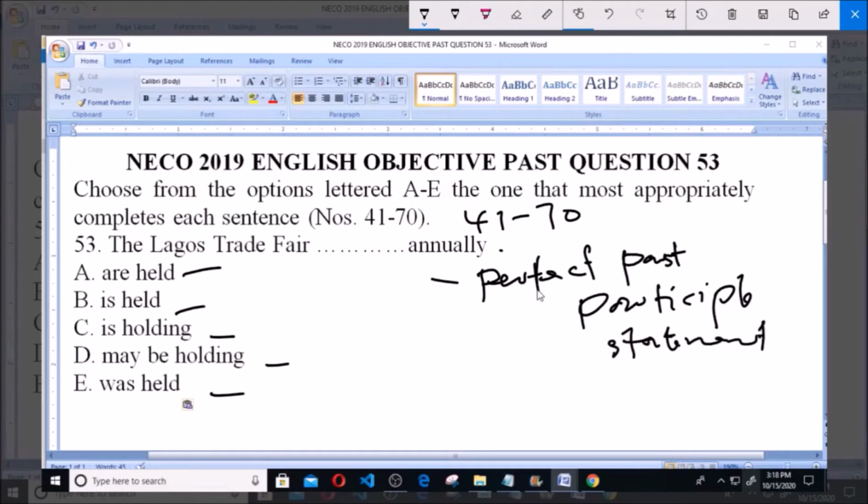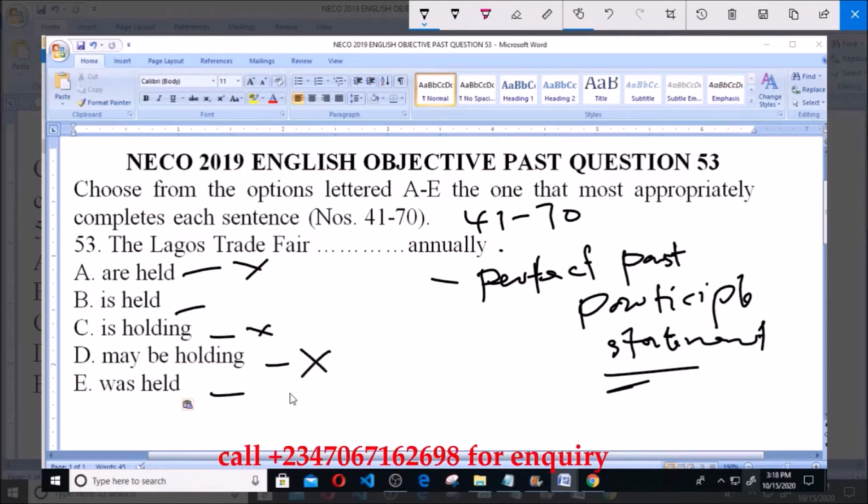Since the statement is of this nature, it cannot be are because the subject is singular, it cannot be holding because it is not continuous, we cannot say may be holding, and we cannot say was held because the action is an annual thing. So the correct option here is held. The Lagos State Trade Fair is held annually. So option B is correct.